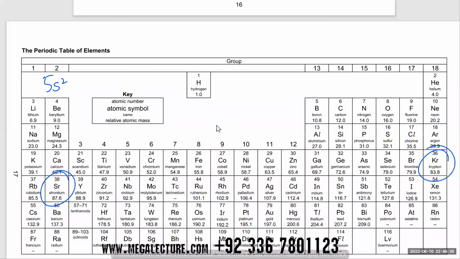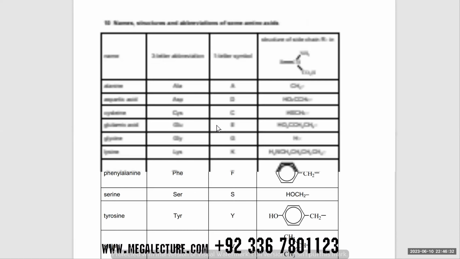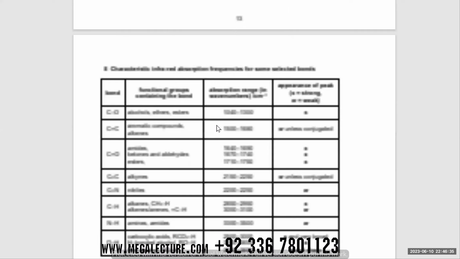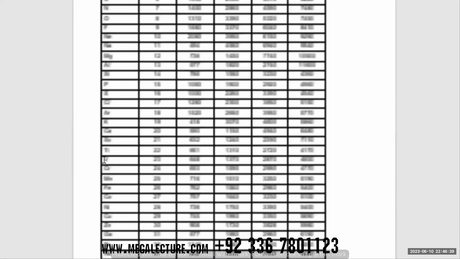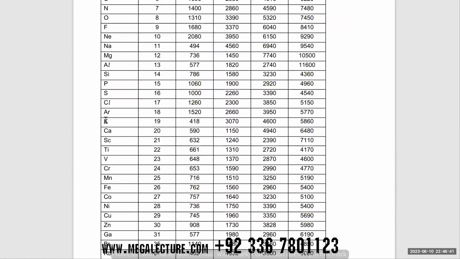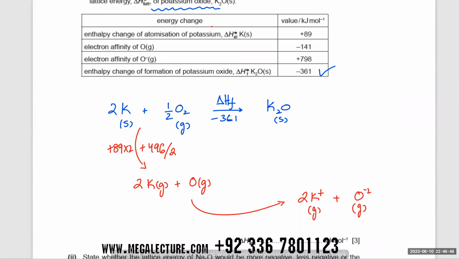I mean, these ones are Cambridge questions. The data booklet is given separately. So the ionization energy of potassium is given over here somewhere. It's 418. That's the first ionization energy of potassium, but times 2 because you've got two potassiums.